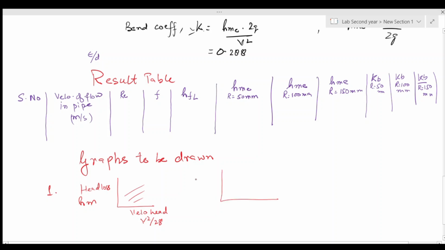Second graph would be log of head loss versus log of velocity. Here V is velocity of flow in pipe.